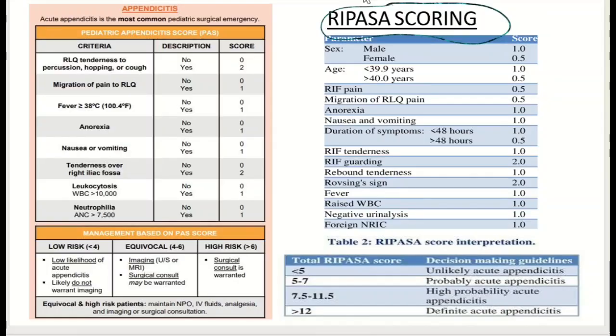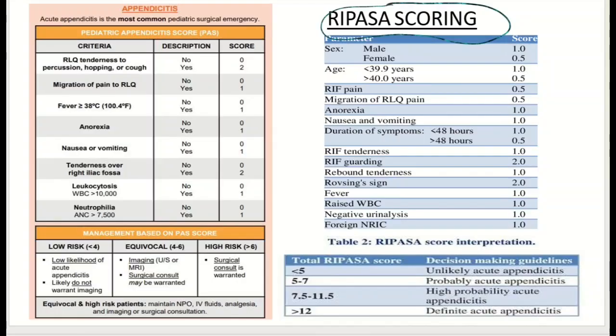Another scoring system, the RIPASA score, also takes into account the demography. Male or female, they are given different scores. Age is given different scores. More than 40 years is 0.5. And again, for nationality, it is 1. So demography is taken here along with the clinical signs, symptoms and laboratory investigations. If RIPASA score is less than 5, it is unlikely acute appendicitis.